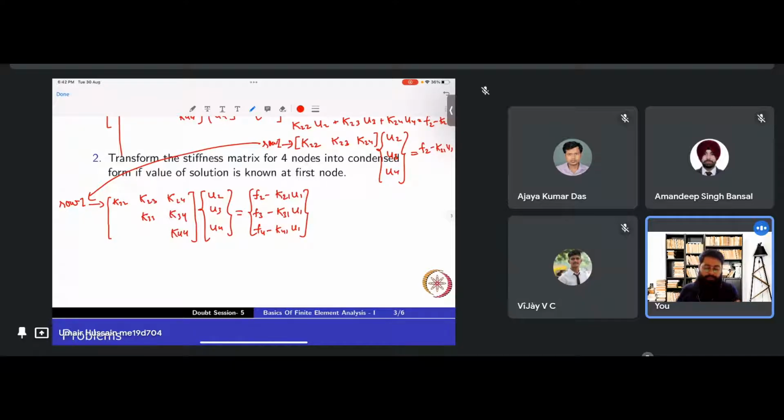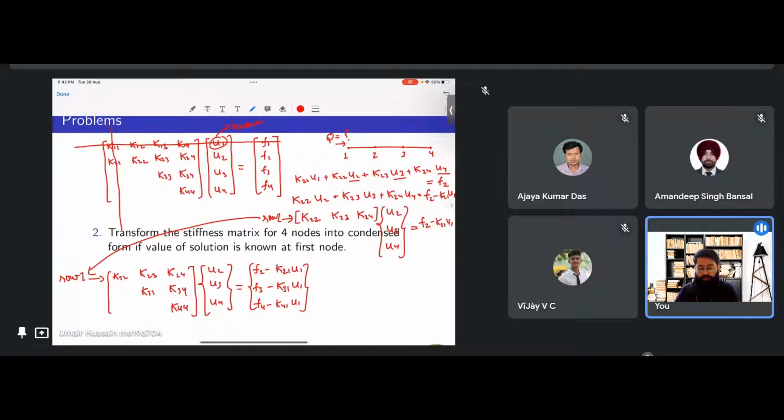In computer programs we solve the algebraic equations in form of matrices and vectors. So it is important to know how to reduce your global matrices and vectors after applying boundary conditions. This is everything after applying the boundary condition.